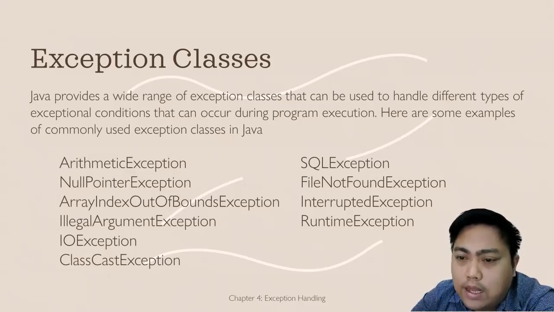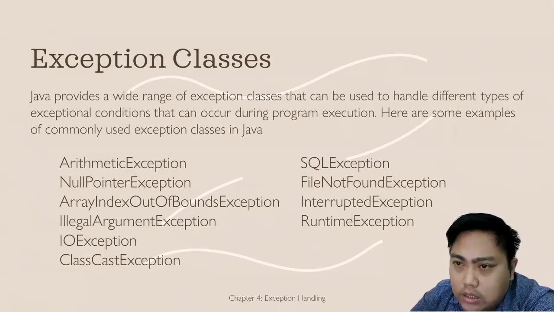So we can capture this exception or situation. Third is ArrayIndexOutOfBoundsException. This exception occurs if we want to access an index which is out of range. For example, we declare 5 elements.